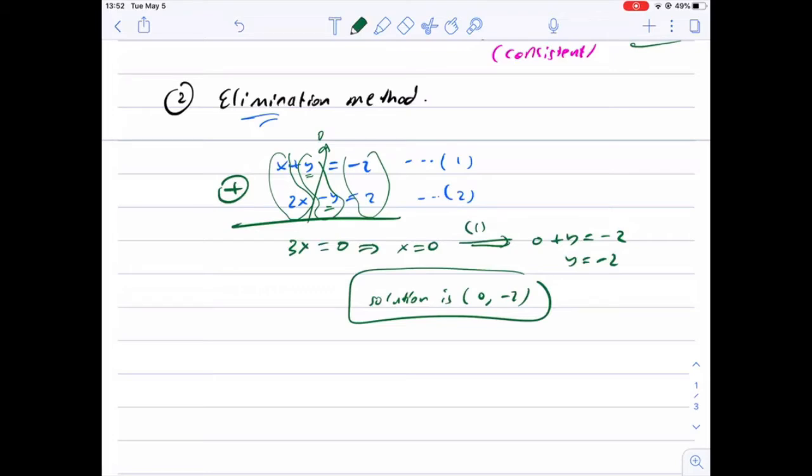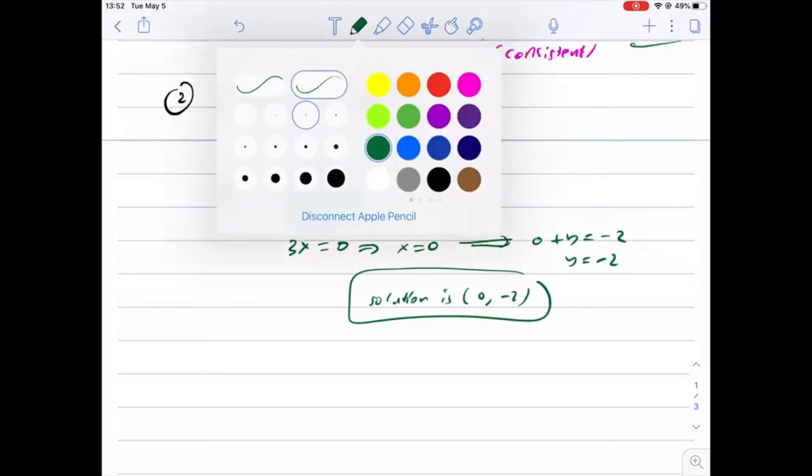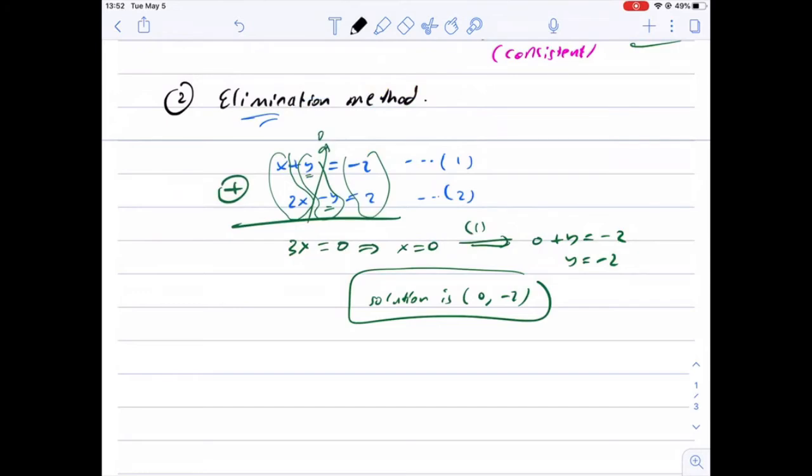Now let's take some other examples. In the previous example, we solved a system that has one solution and that's consistent. Now let's try to solve another type of system. 3x minus 2y equals 4. This is equation 1. And negative 6x plus 4y equals 7.